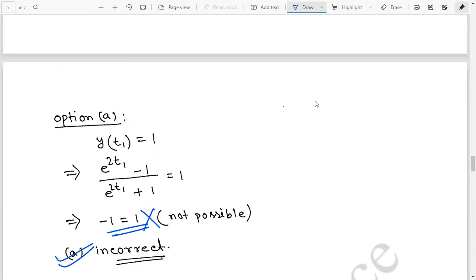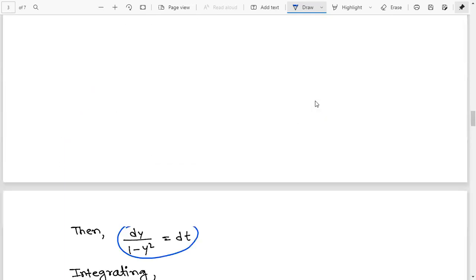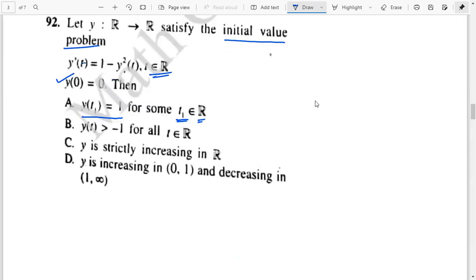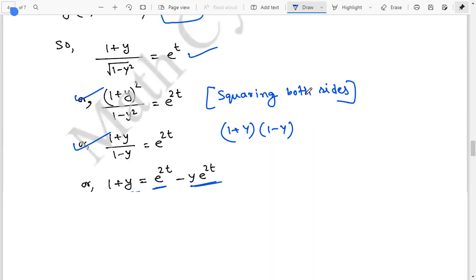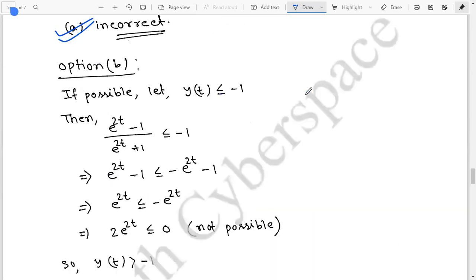Okay, let's check option B. Option B is saying that y(t) is greater than minus 1. Now we have to check whether this statement is correct or not. If possible, let us consider that y(t) is less than or equal to minus 1, the opposite of greater than minus 1.